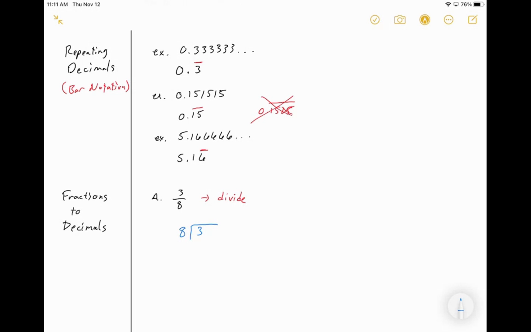All right, so let's go ahead and divide here, right? We know 8 goes into 3 0 times. So I got to put a decimal here, right? Whenever you add the first 0, put a decimal, right? How many times does 8 go into 30? Okay, 3 times. 3 times 8 is 24.